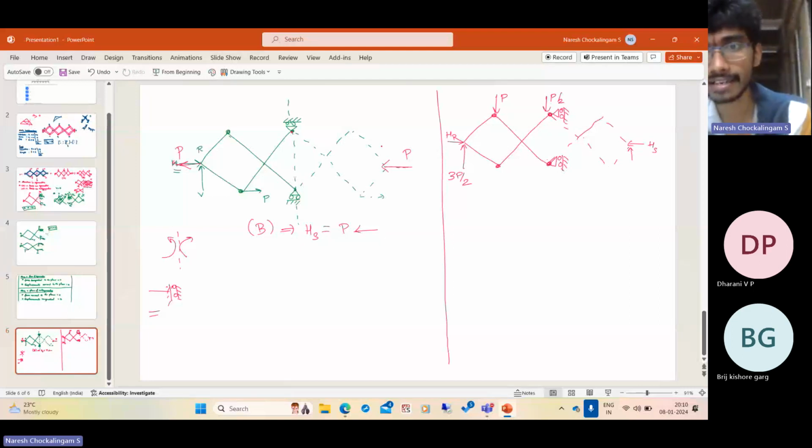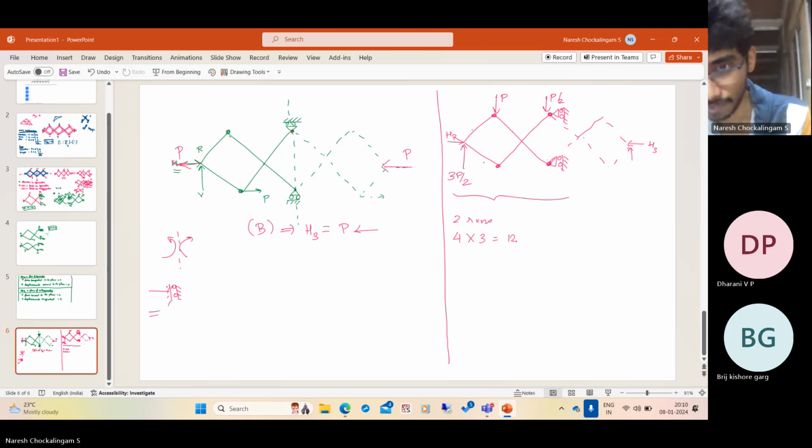But now what is the static indeterminacy of this structure? Let us see. So you have two reactions. You have 1, 2, 3, 4 members. So 4 into 3 is 12 unknowns. Total, no, not two reactions. You have another two reactions, so two reactions from the left and another two reactions.